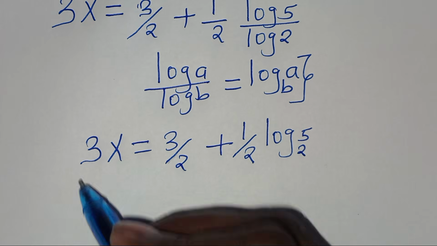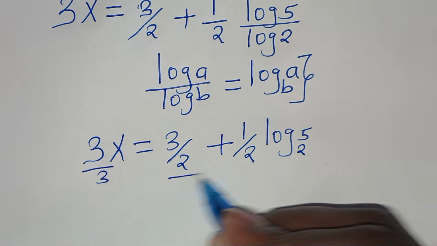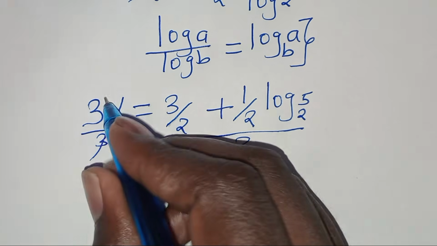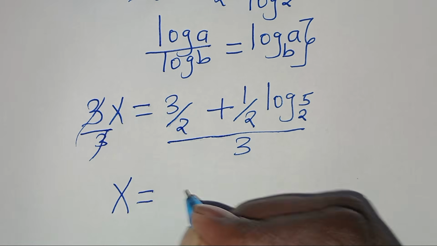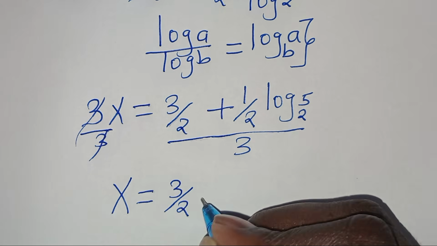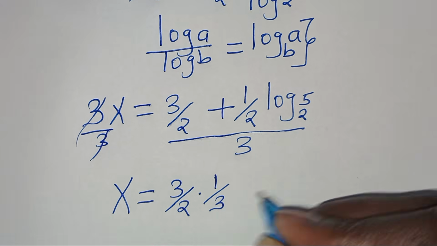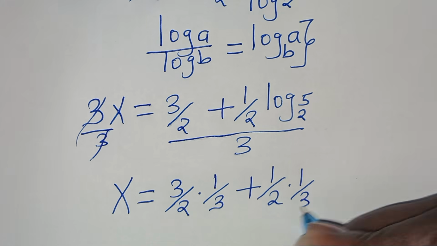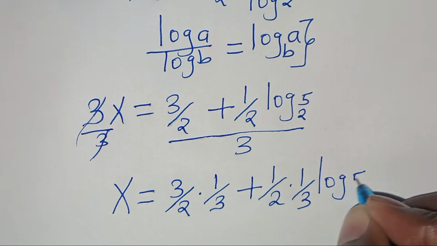Now the next step is to divide on both sides by 3, so that now we have x equal to 3 over 2 multiplying by 1 over 3, then plus 1 over 2 multiplying by a third, then log 5 to base 2.